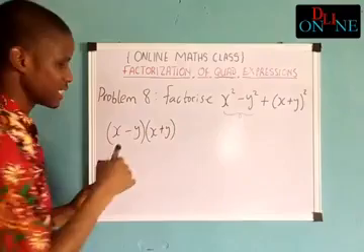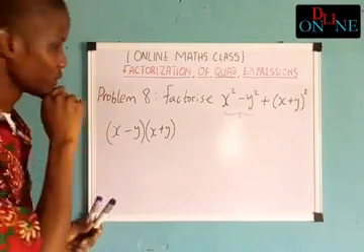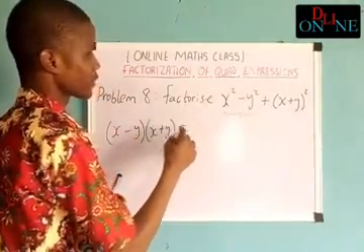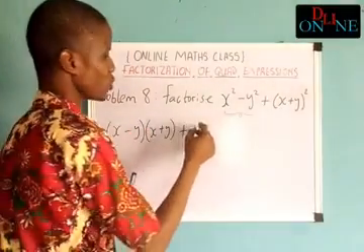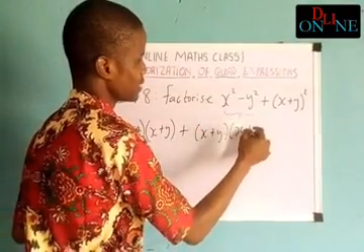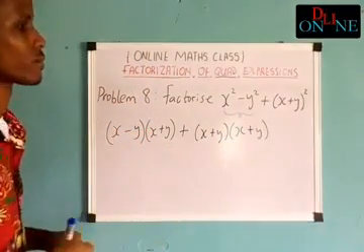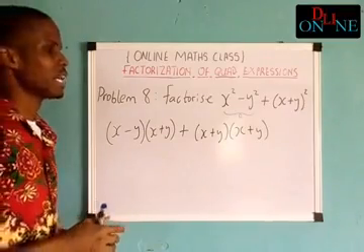Remember, that's how to factorize the difference of two squares from our previous example. Now, when we come over here, we put our plus sign. Let's factorize this. Factorizing this leads us towards x plus y, x plus y. Is that clear? Good.